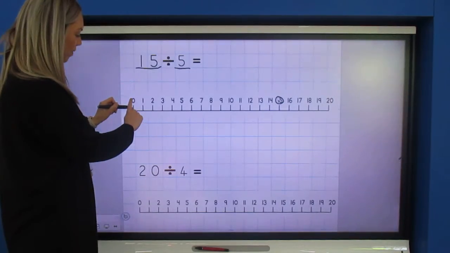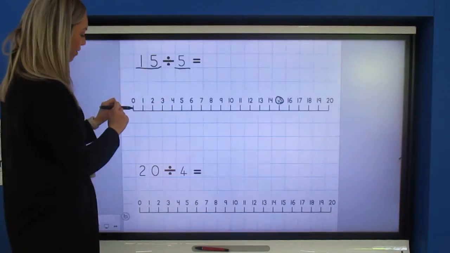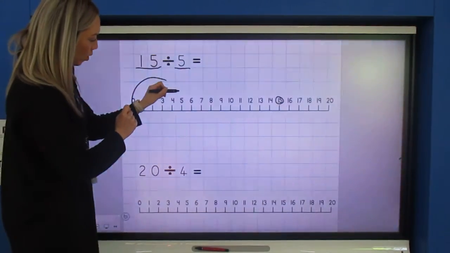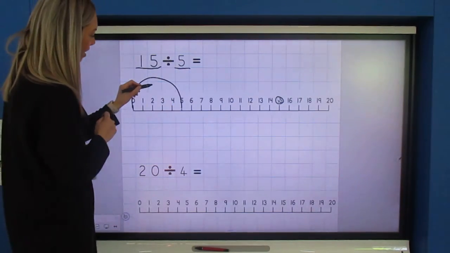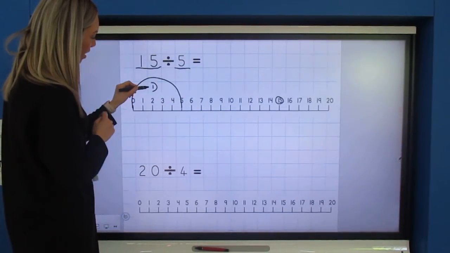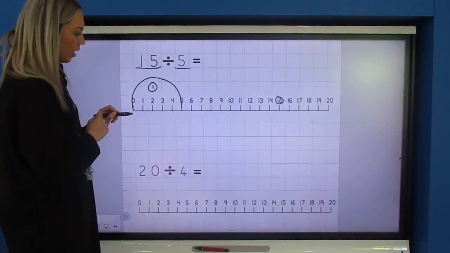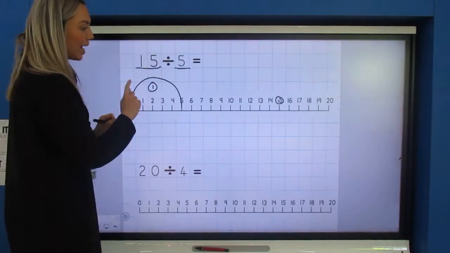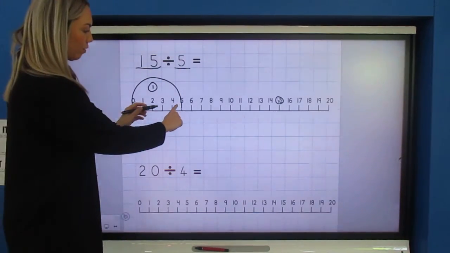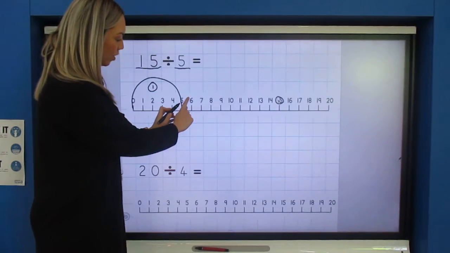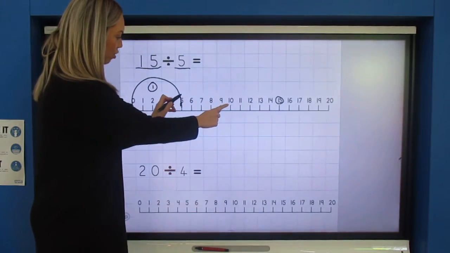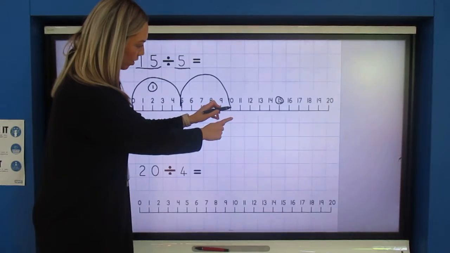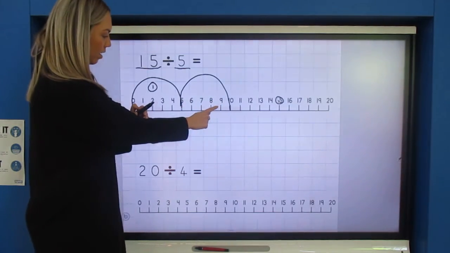So I know that if I'm on 0, I'm going to land on 5. Okay? So this is number 1. Now, I need to jump 5 again. Remember, there's 5 in my group. So if I count first, 1, 2, 3, 4, I know that my next jump is going to land on the number 10.